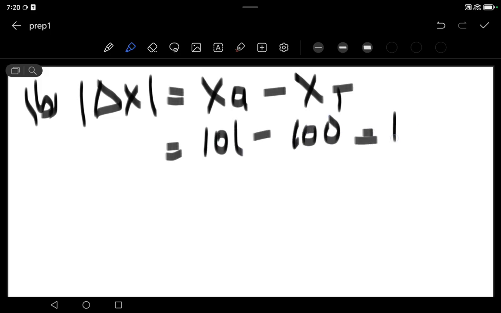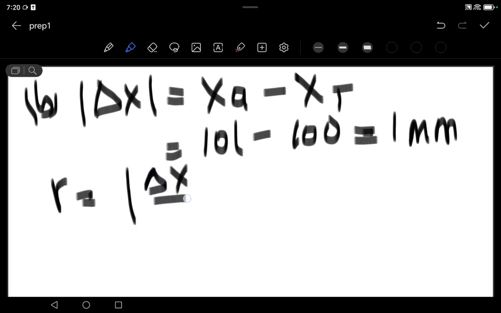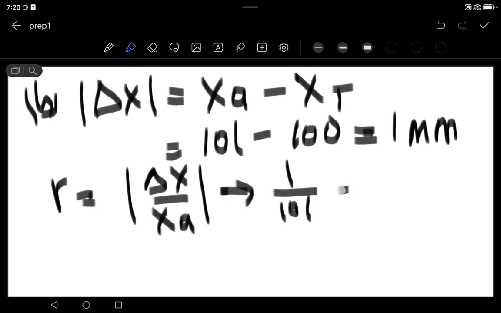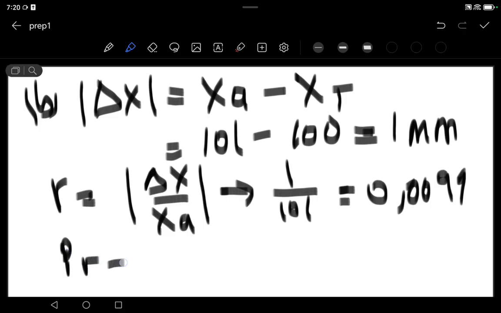And then the relative error is our absolute error divided by the measured value, which is 1 over 101, and we get 0.0099. And then for the percentage error, we just multiply it by 100.